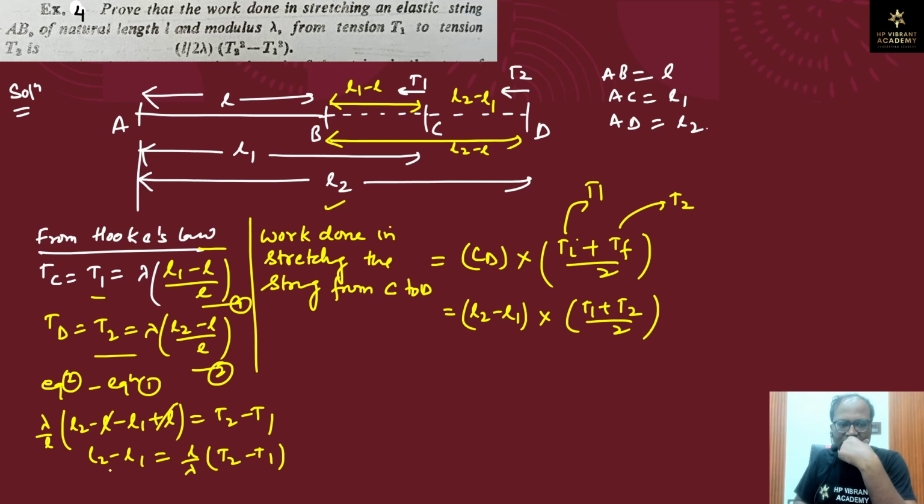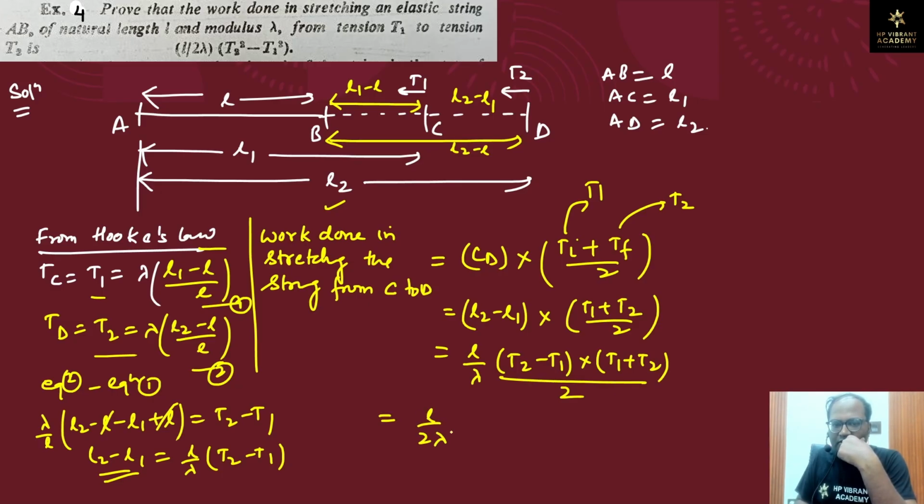Let us place L2 minus L1 here. So this is equal to L upon lambda (T2 minus T1) into (T1 plus T2) upon 2, which is equal to L upon 2 lambda into (T2 square minus T1 square). This is the work done in stretching the string from C to D.